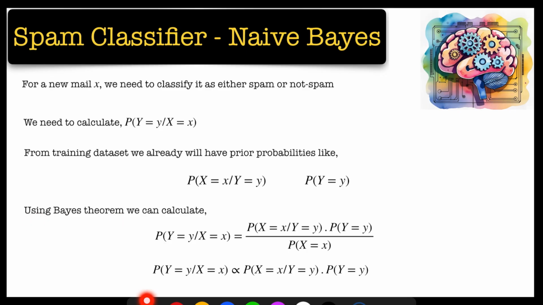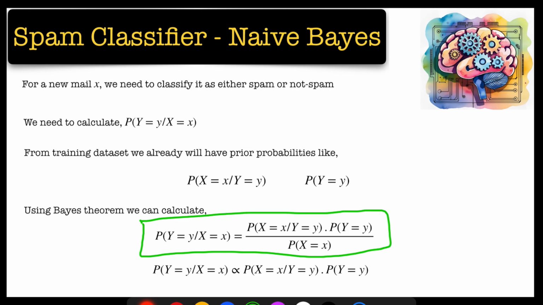Using Bayes theorem, then we can calculate our desired probability, the probability of output class Y given input X. So this is the Bayes theorem: probability of input X given output class Y times probability of output class Y, divided by probability of input X. Now, this probability of input X is not changing, right?